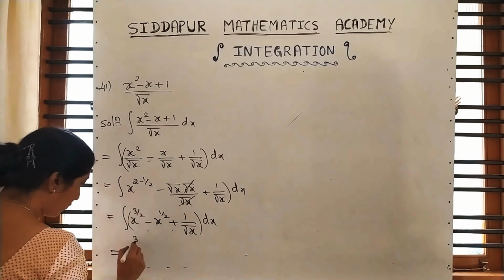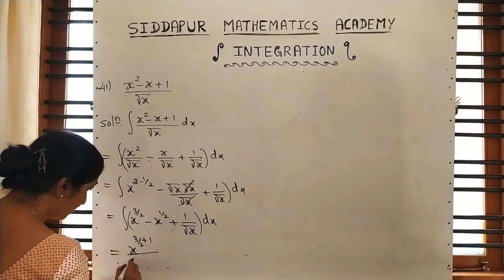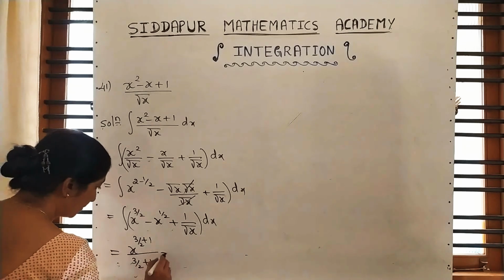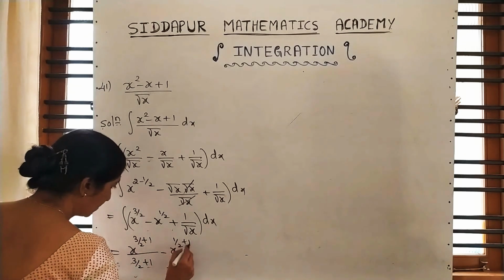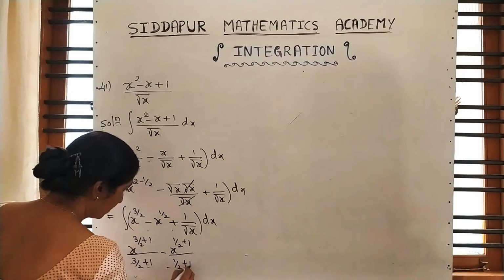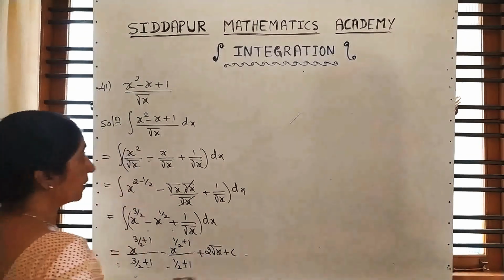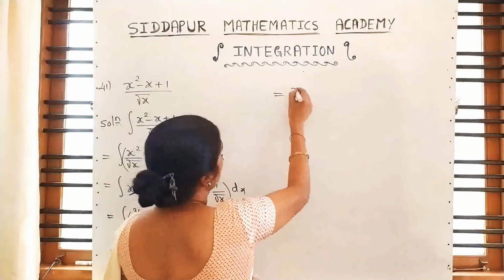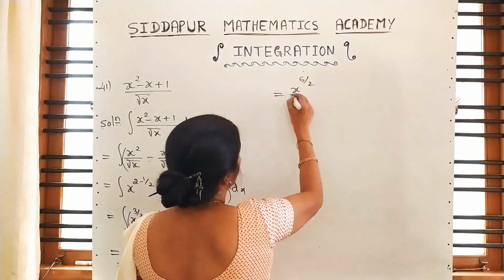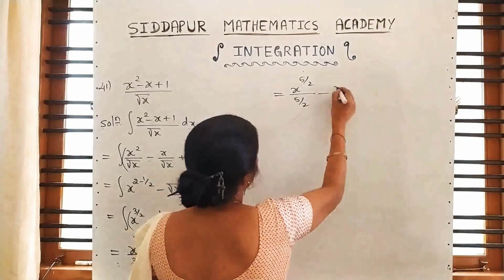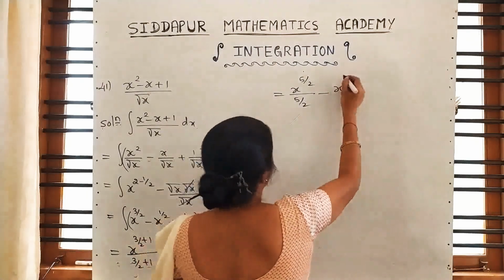X raised to n formula. Plus 2 root x. 3 by 2 plus 1 is 5 by 2. One by 2 plus 1 is 3 by 2.